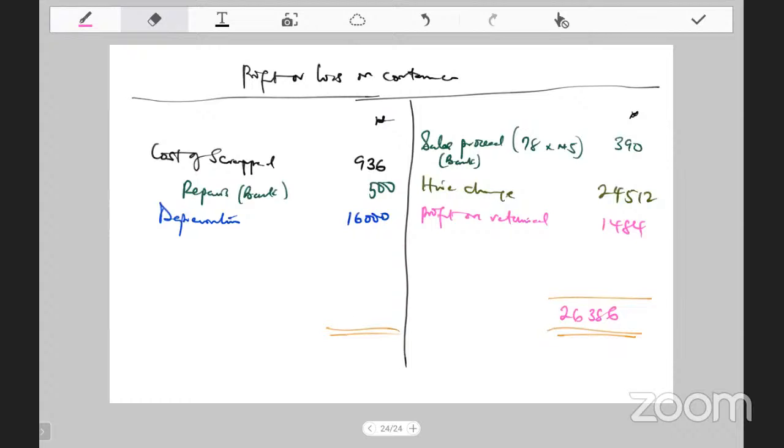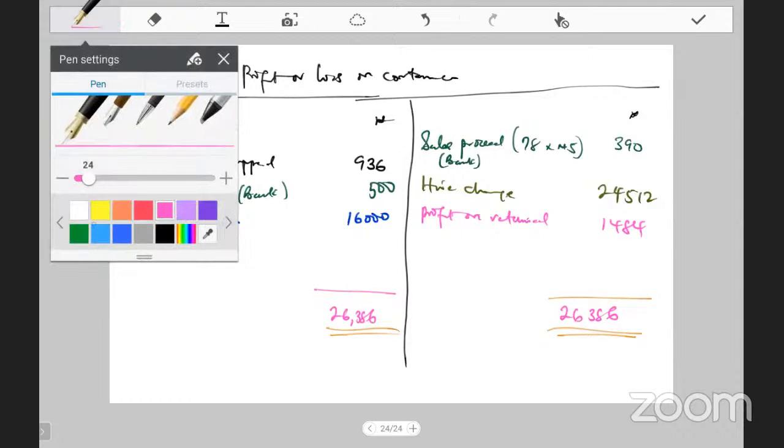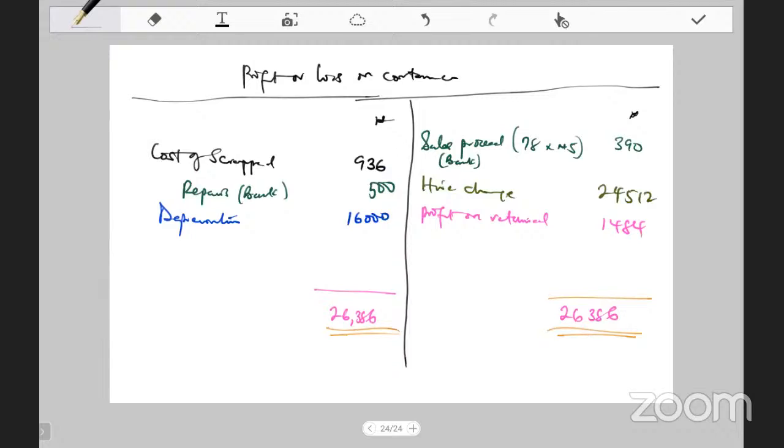So what do I now have as my profit? I need my profit. 8,950. So it's correct now. So my profit is 8,950. So check all the three methods. You are getting the same profit.